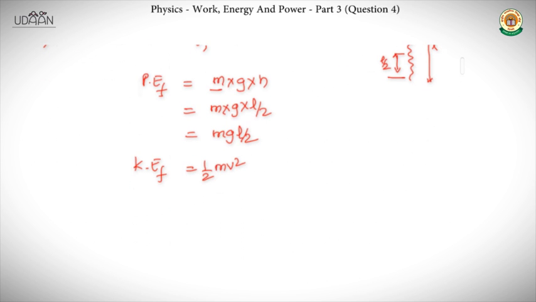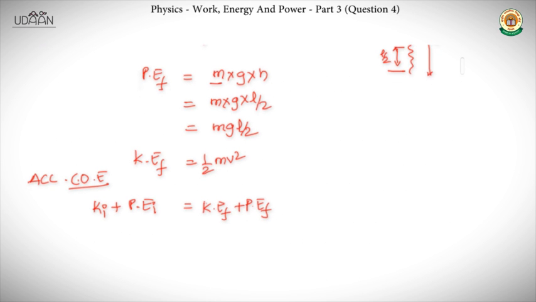According to conservation of energy, initial energies are equal to final energies.